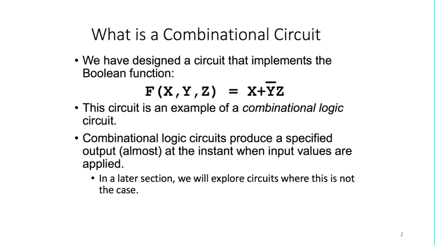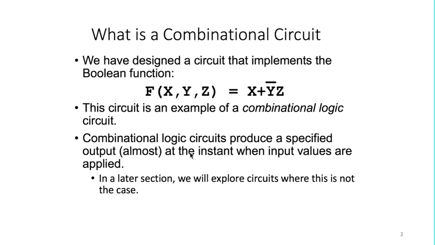This is an example of a combinational logic circuit, because the function is implemented using the OR logic circuit, the NOT logic circuit, and also the AND logic circuit right here. So that's a combination of multiple logic circuits together.